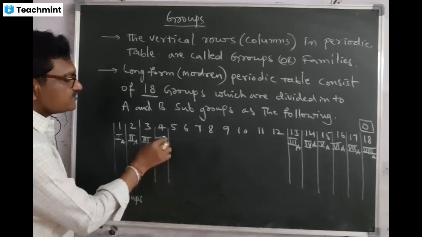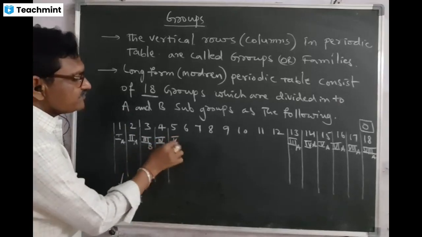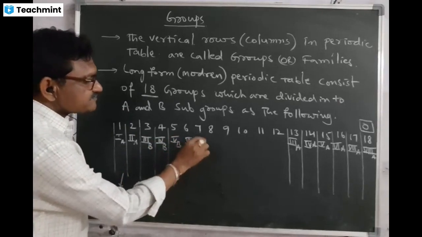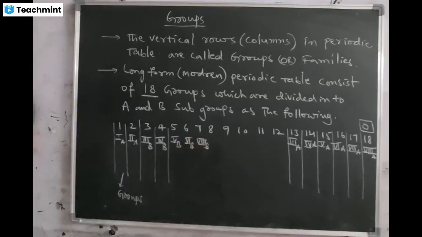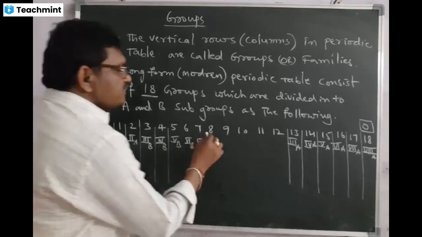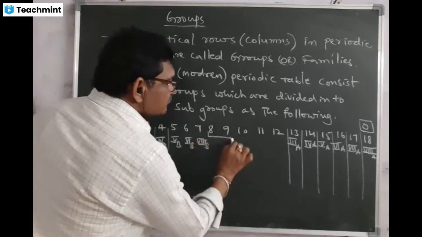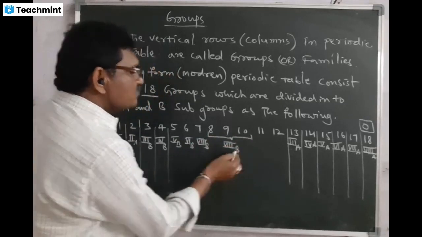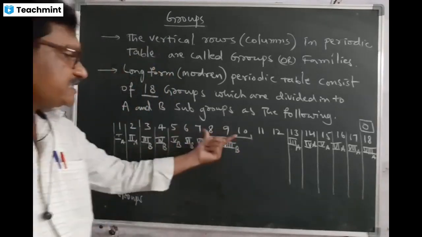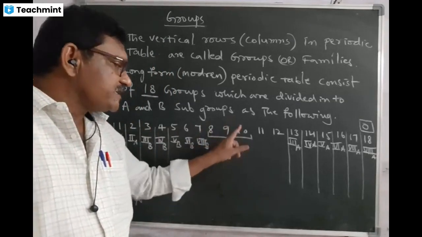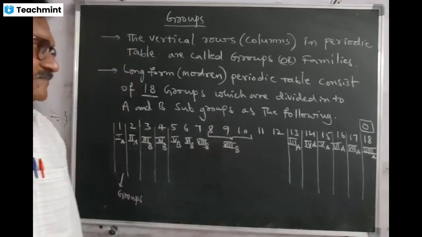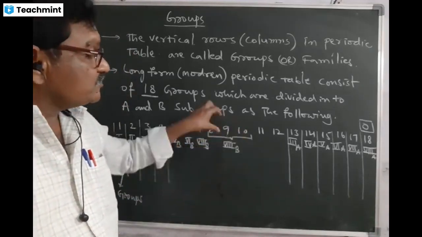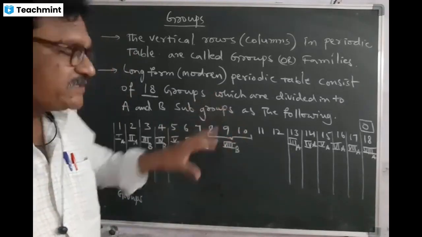Then this is called fourth B. This is fifth B. This is sixth B. This is seventh B. So eighth, ninth, 10th. These groups are called what? Eighth B groups. Eighth B constitutes three groups: the eighth group, ninth group, and 10th group. These three are collectively called the eighth B group.